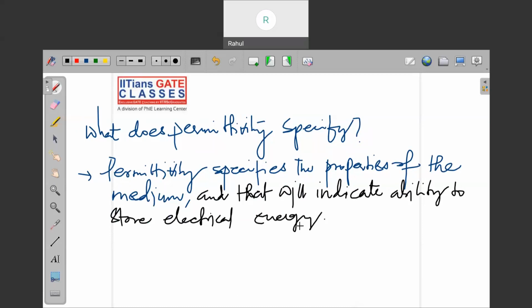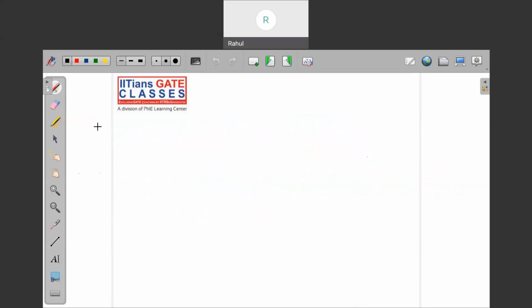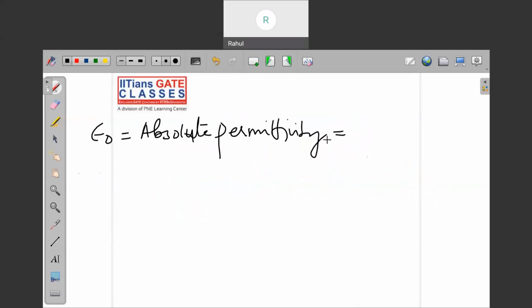So what is the meaning of epsilon naught? Epsilon naught is the absolute permittivity.